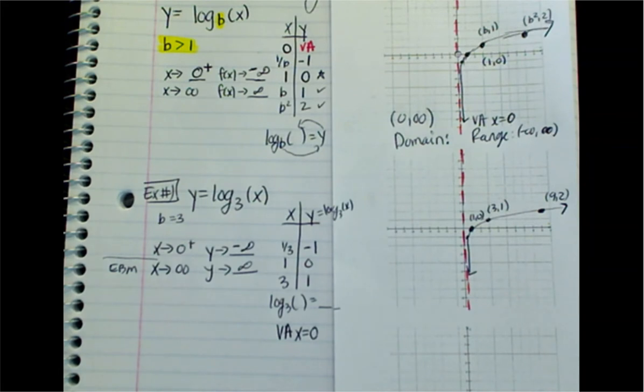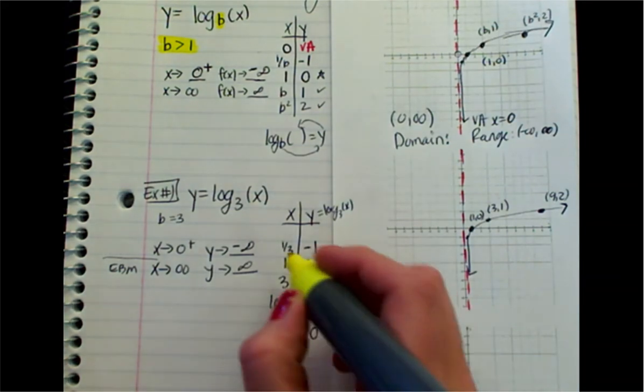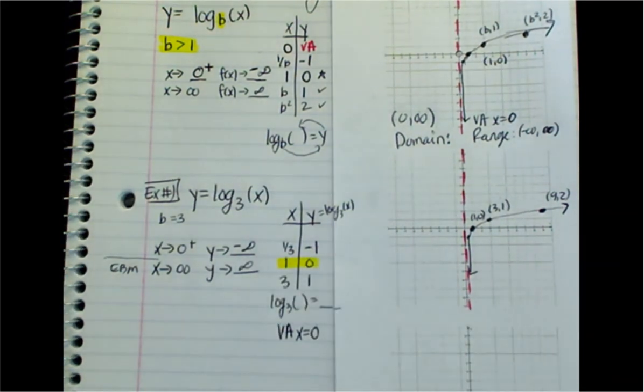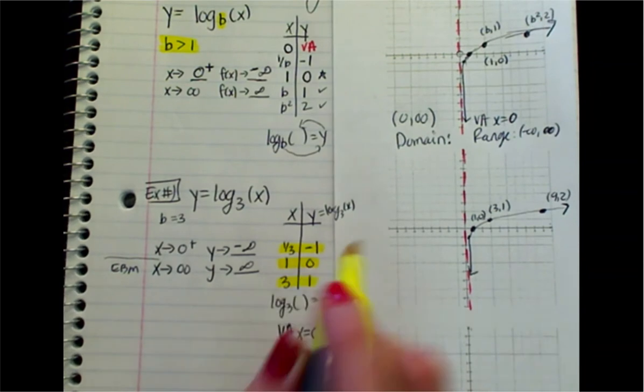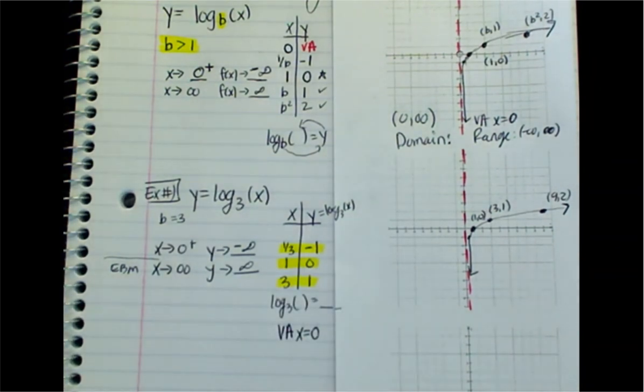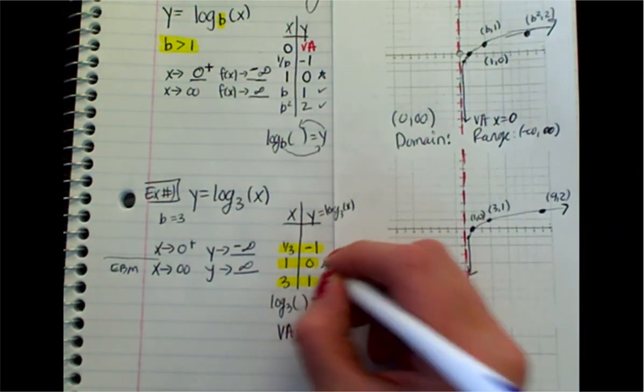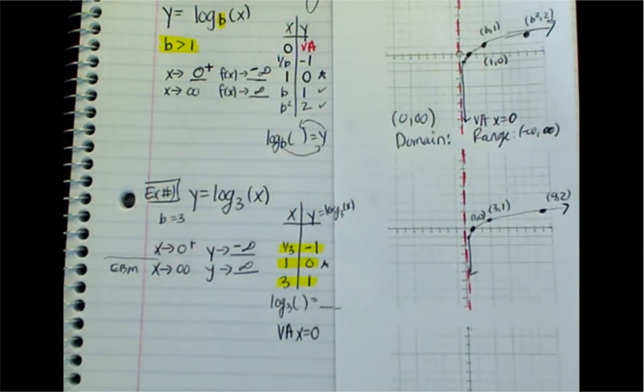Let's highlight what exactly you need to put on this graph. Technically, 1 point. You might feel better with some other points, because that helps you make sure you get the shape correct. But the most important point is that (1, 0) point, because it's connected to the center of the graph.